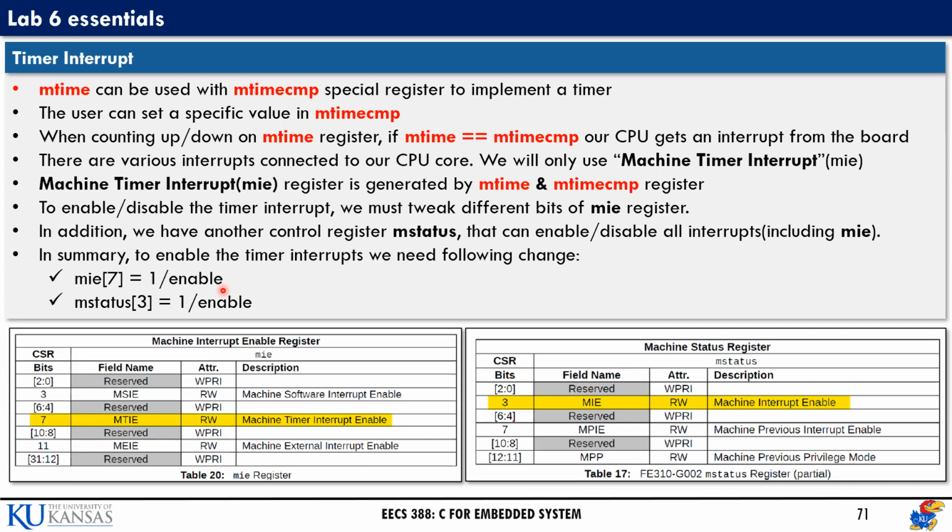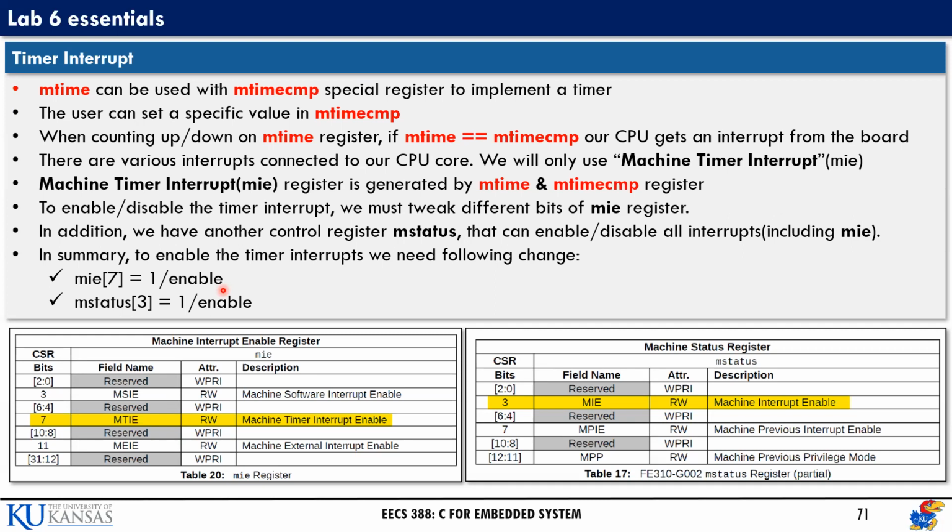So this MIE register is generated by these two registers, so we have to change those registers to get the final interrupt register value.